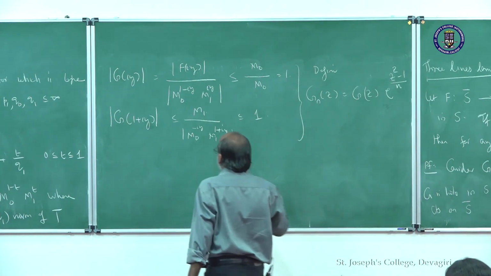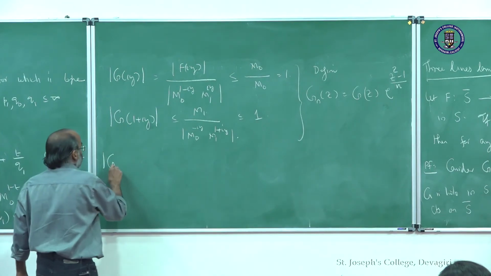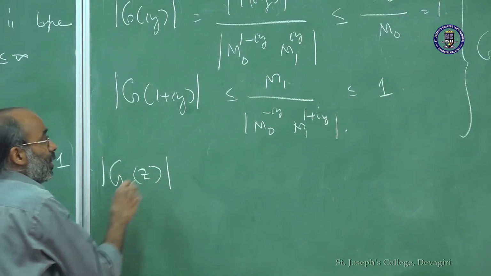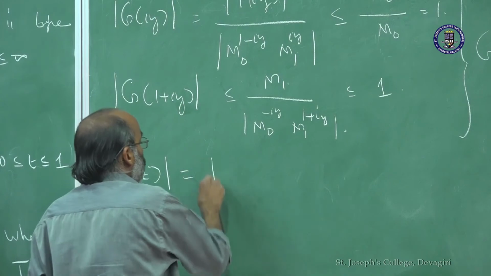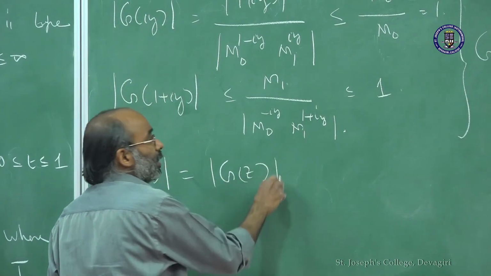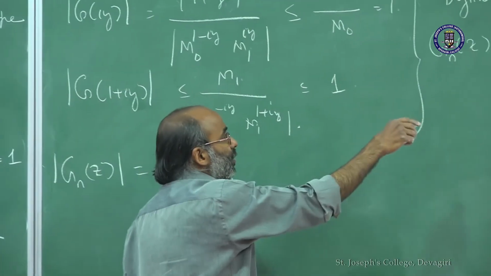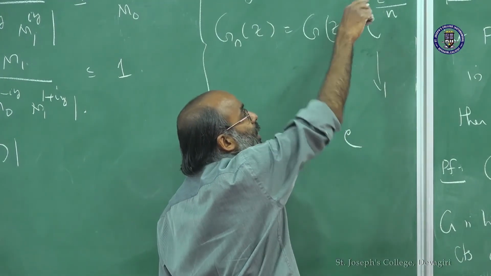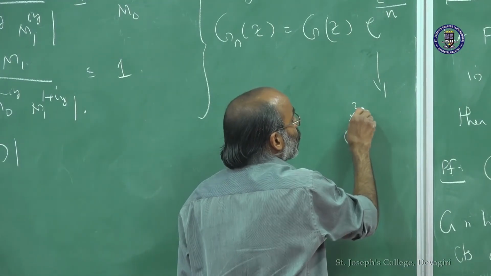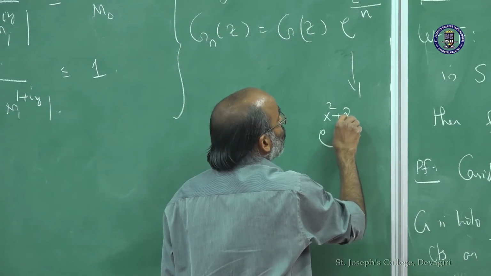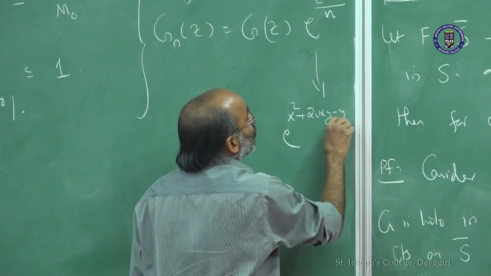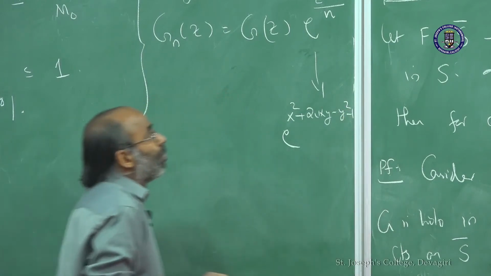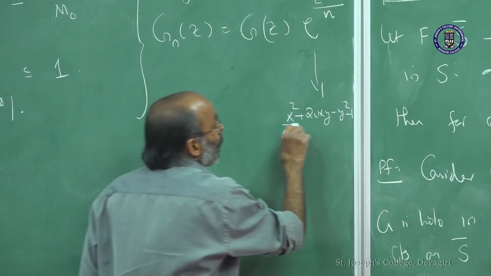So, let us look at the modulus of g_n(z). This is equal to mod g(z), which we know is less than or equal to 1, times, well, what is this? This is e to the, if I write x plus iy, then I have x square plus 2i xy minus y square minus 1, divided by n.